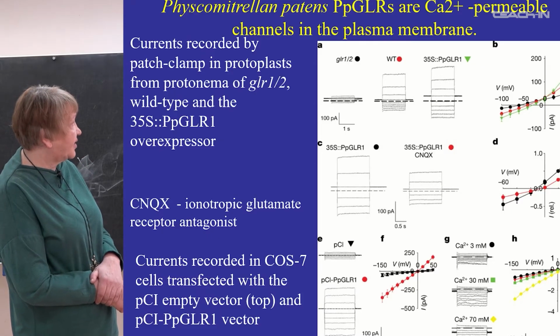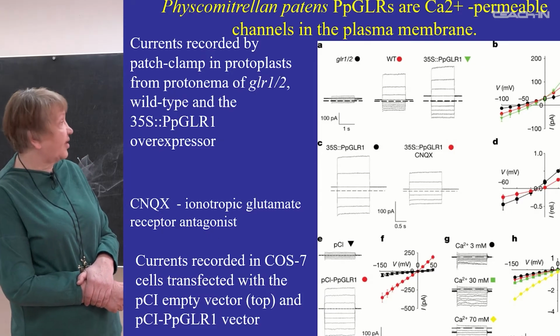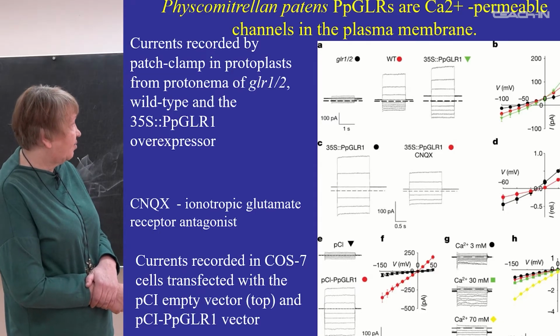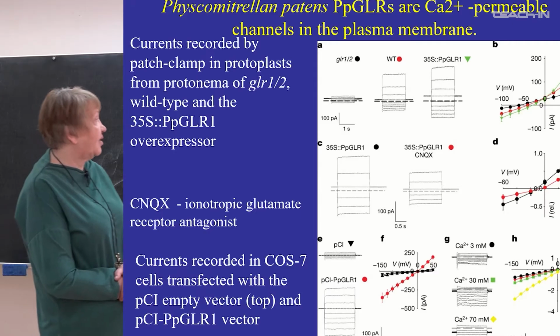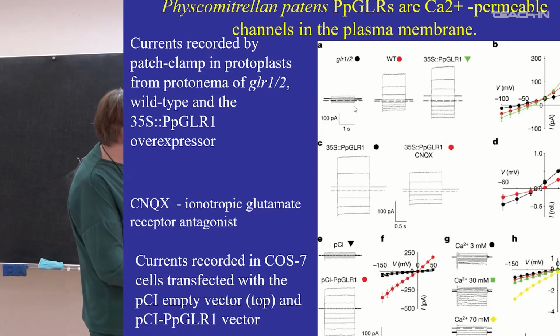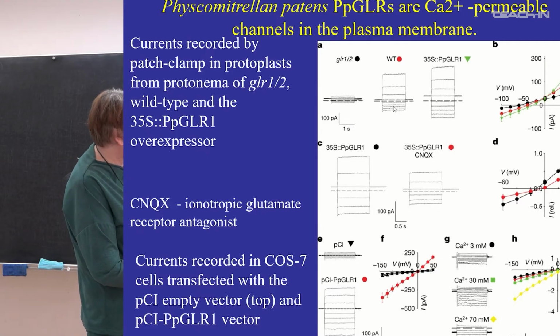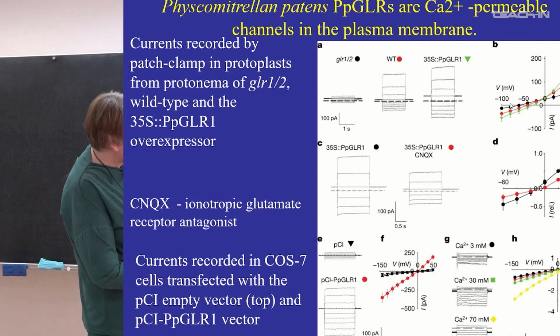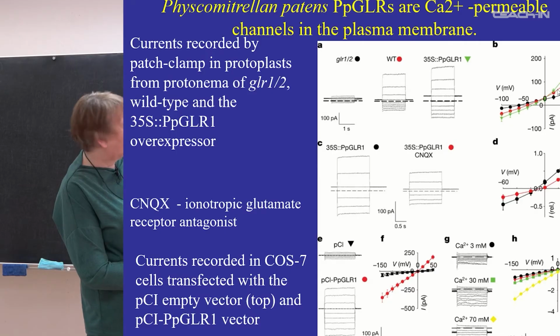So here are the currents recorded in patch clamp whole cell mode of protonema of the mutant, and you don't have any currents, and in wild type currents are quite pronounced, and in overexpressor it is even higher than in wild type.